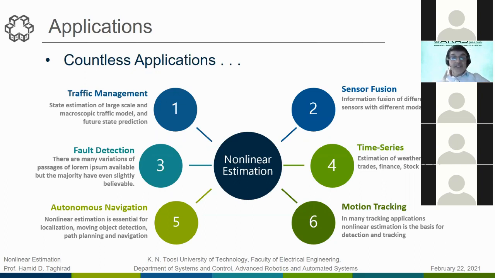Usually one single sensor is not good enough to give the behavior of the whole motion or the whole behavior of the system. But if you use two different sensors with different characteristics, let's say an encoder and a tachometer, both for measuring the position and also the velocity of the system.